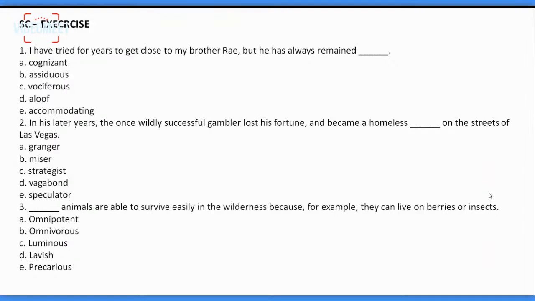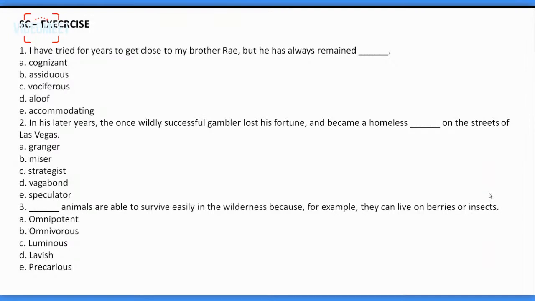I hope all of you are able to see my screen. The first question says, I've tried for years to get close to my brother Ray, but he has always remained. Now, let's understand the gist of the question. Is it a positive word that we're looking for here, or is it a negative word? Because the question says, I have tried for years to get close to my brother.